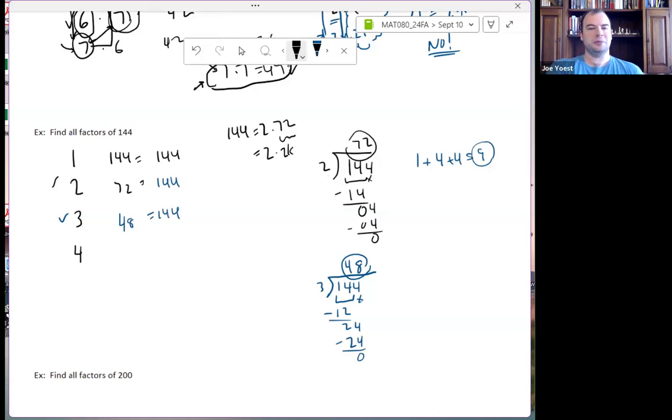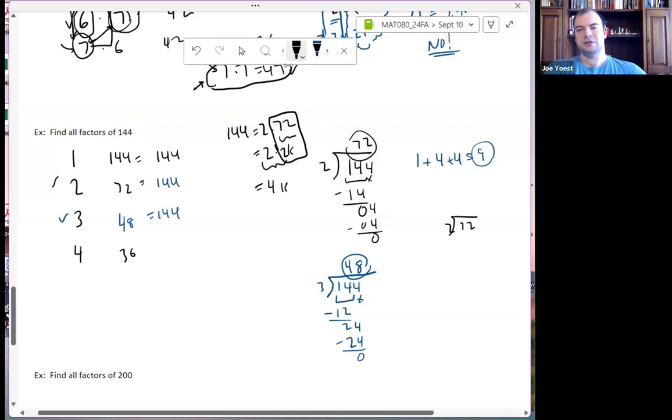It's 2 times some other number. So 144 is 4 times something. And what is K? K is half of 72. We might recognize this as 36, or we might come over here and do 72 over 2 and get 36 that way.